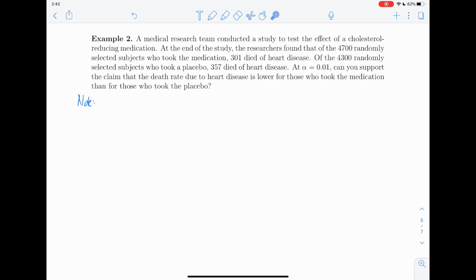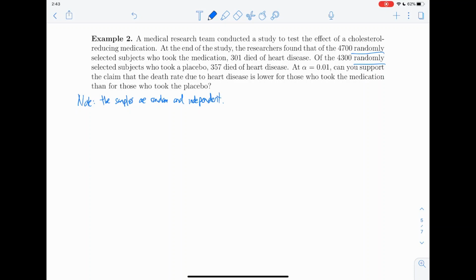And in terms of it being random, it does indeed say that the 4,700 and the 4,300 were selected randomly. So that's the first thing we're going to note. We're going to note that the samples are random and independent.